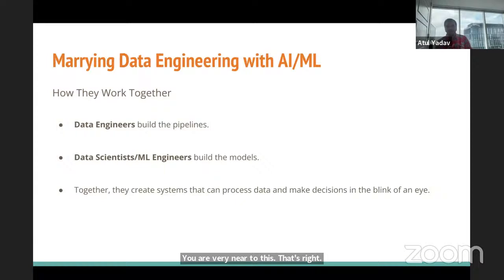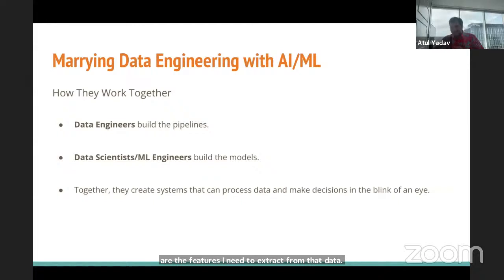So data scientists are basically the people who understand the business requirement. Okay, like what is the use case for that business? Like business says, I want to create a model which can do forecasting for me. So the data scientist will work closely with the data engineers and tell them, hey, these are the features I need to extract from the data to build a model.